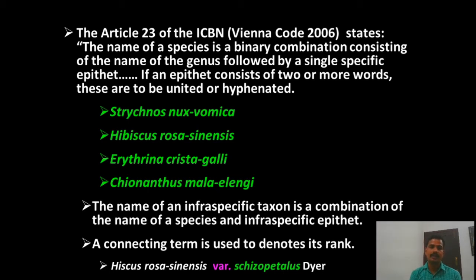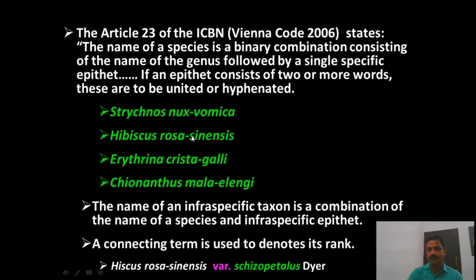For example, the common example is Hibiscus rosa-sinensis. Hibiscus is the genus name, the generic epithet, and rosa-sinensis is the specific epithet. Actually, this rosa-sinensis is composed of two words, rosa and sinensis. But these two words are joined by a hyphen without any space in between.